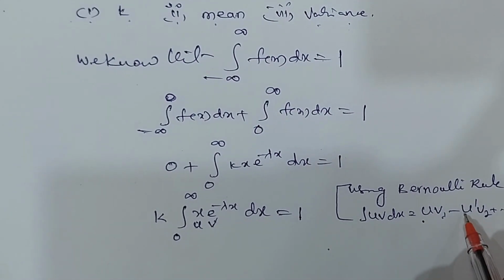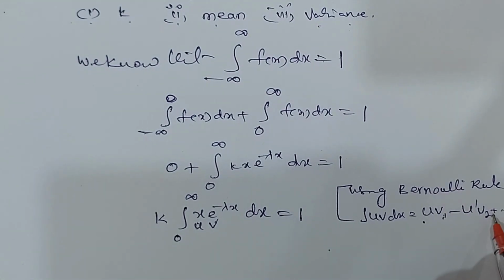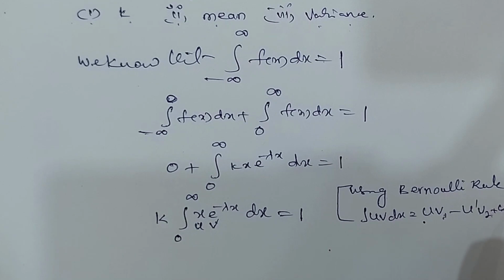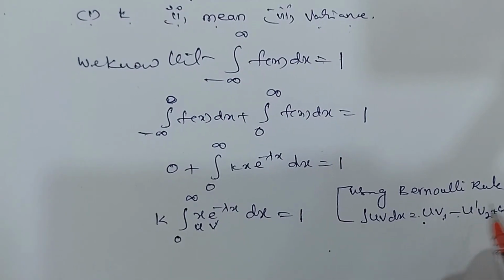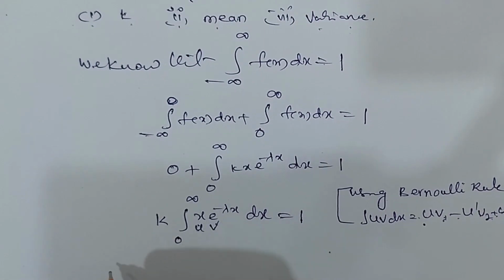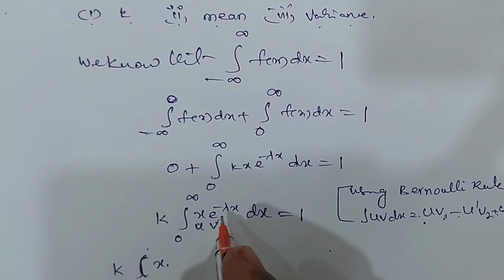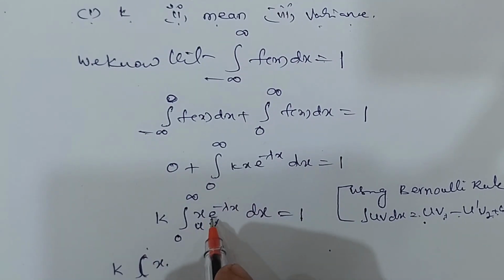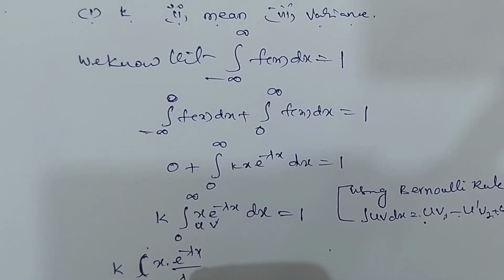Next, u dash means the derivative of u, v2 means the integration of v1, and then u double dash into v3. The signs start with plus, then minus, then plus, alternating. Therefore k into the integration from 0 to infinity: first x into the integration of e power minus lambda x, which is e power minus lambda x by minus lambda.